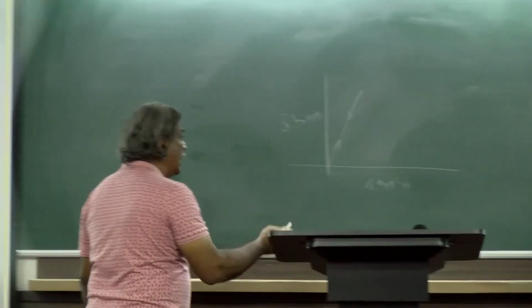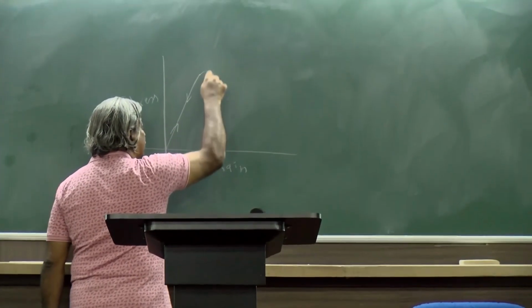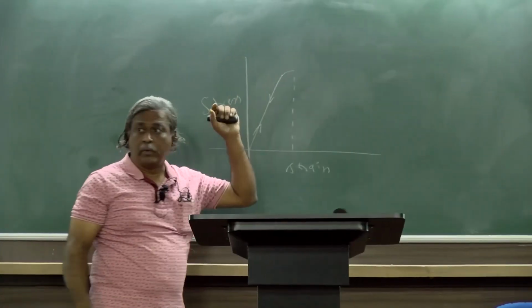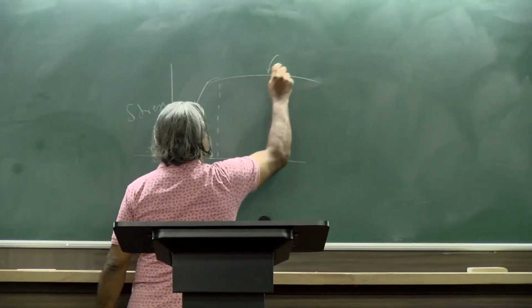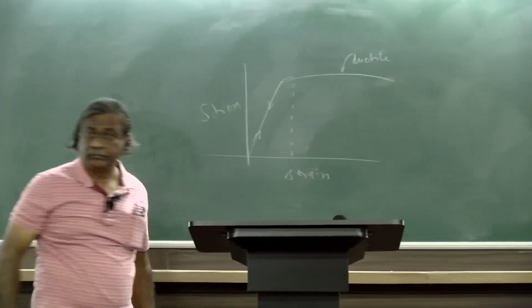Same with the other material also. But beyond a certain extent, it just fails and comes down. And this amount is very small. And if this amount is large, then we call it ductile. Correct? This is what we understood.